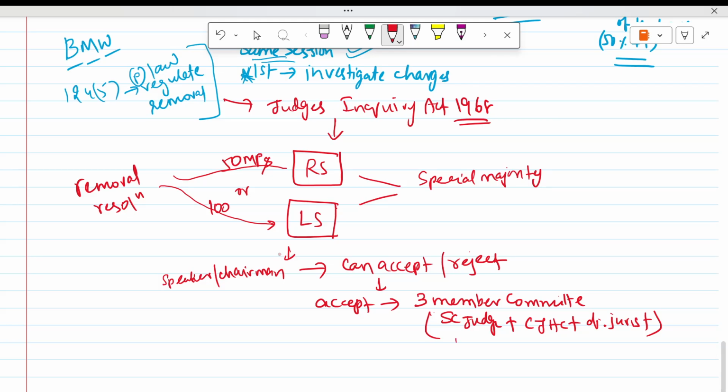Then this committee has to say yes, misbehavior or incapacity is proved. Then the house should pass the bill with a special majority, and then the president can remove the judge.